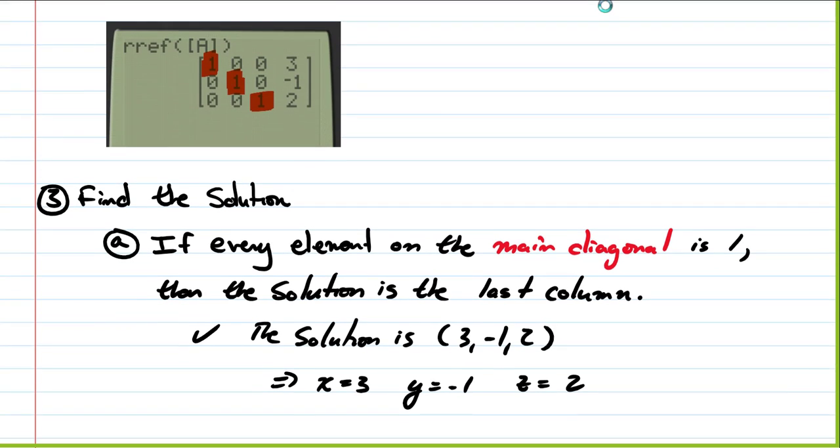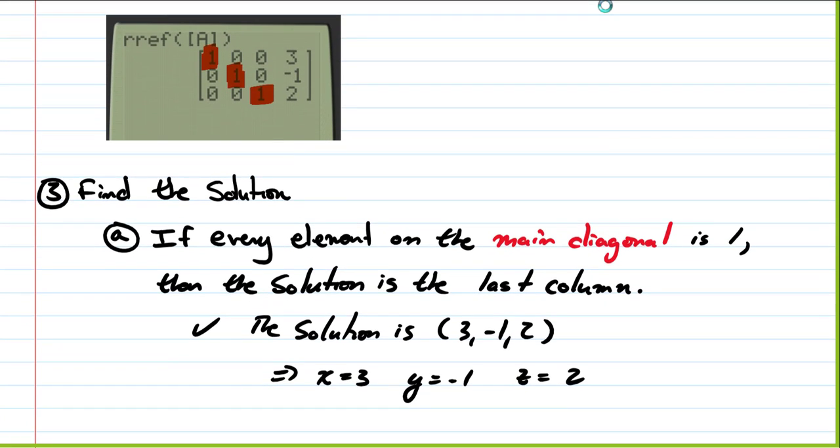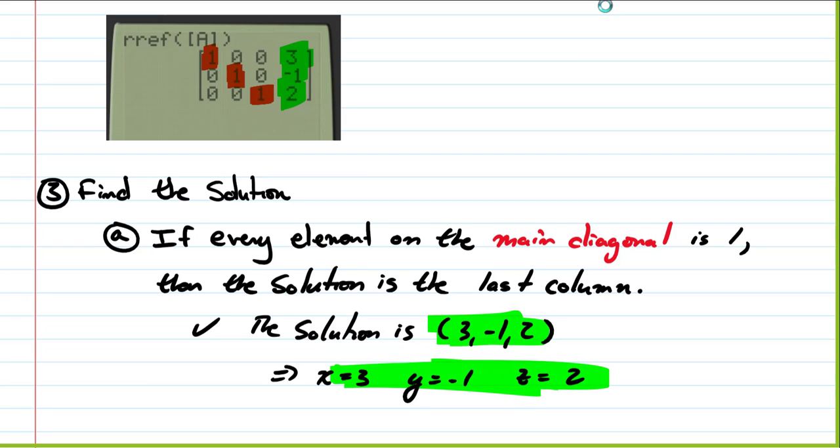So this is the best possible outcome. When we get 1s on the main diagonal, everything works out wonderfully. And our solution is the last column in the matrix. So when that happens, everything is wonderful.